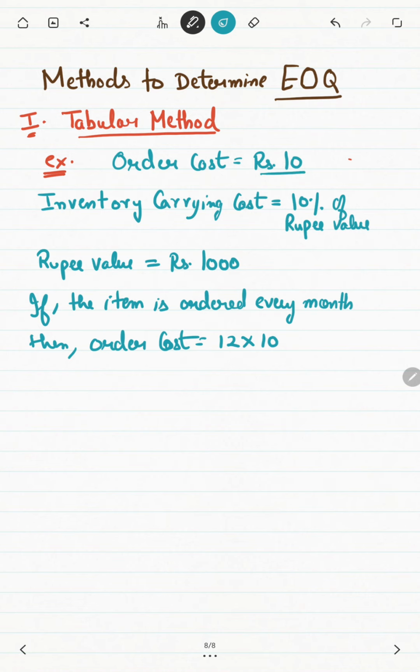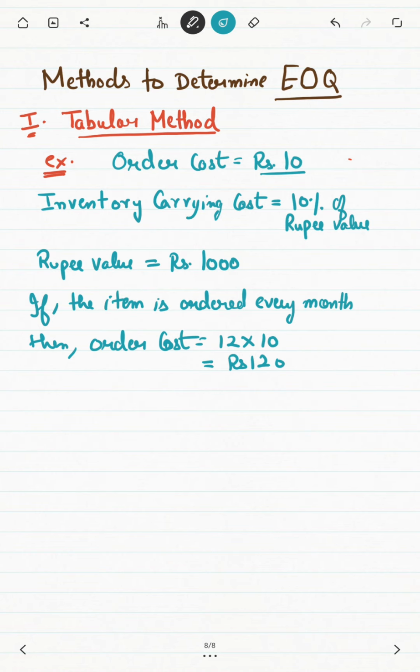See here, the order cost is mentioned rupees 10. So a total of rupees 120 will be the order cost. If they are purchased every 2 months, the ordering cost will be 60, because a total of 6 orders will be placed. So accordingly we can calculate.